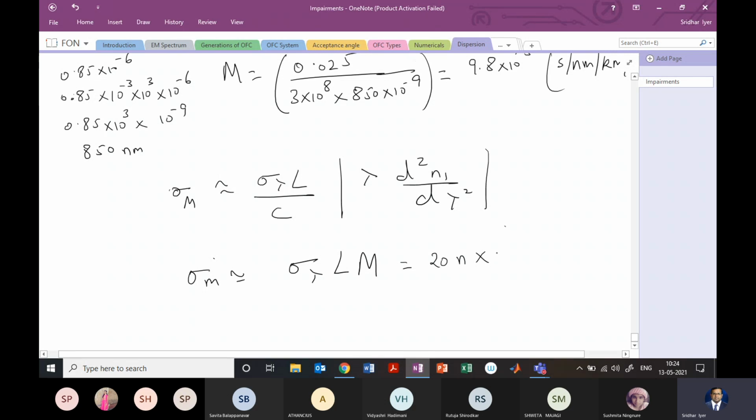So we are just going to write this as 1 kilometer into m, which we have just calculated, 9.8 into 10 raised to minus 5. So in effect, what we are calculating is sigma m per kilometer, sigma m by L, right? So this will be 20 nanometer into 9.8 into 10 raised to minus 5 seconds per nanometer per kilometer.